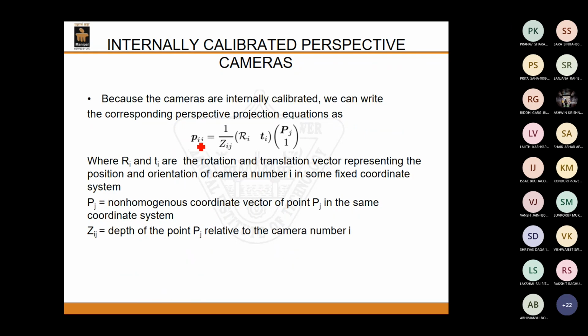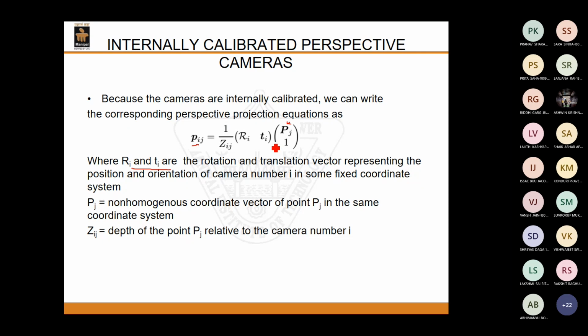And as discussed earlier, we can represent it this way, where I have p_ij is equal to 1 by Z_ij times R_i T_i times 1. Here R_i and T_i are basically the rotation and translation matrices, and p is the image point, and capital P is the world coordinate.